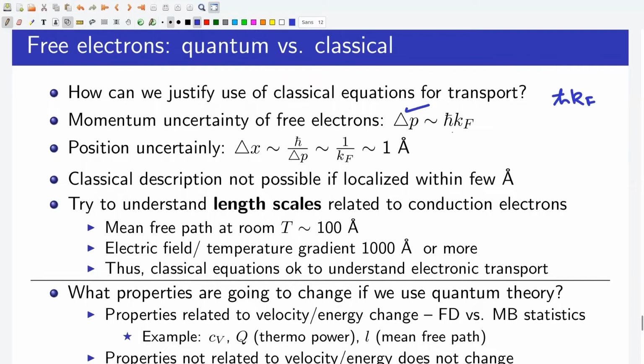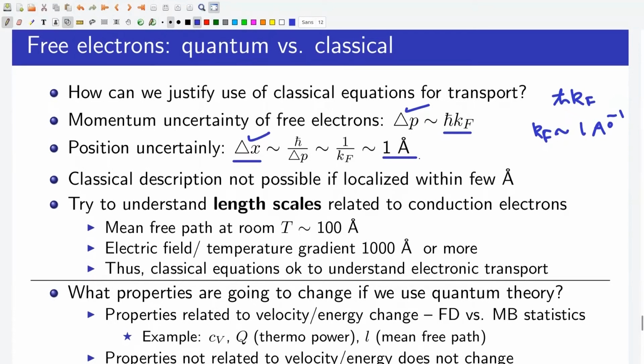Using the Heisenberg uncertainty principle, we can find the position uncertainty, which turns out to be delta x is ħ by delta p. If we put in this value, this number turns out to be 1 by kf. Remember that kf is of the order of 1 angstrom inverse, right? So 1 by kf, the position uncertainty, will be of the order of 1 angstrom.